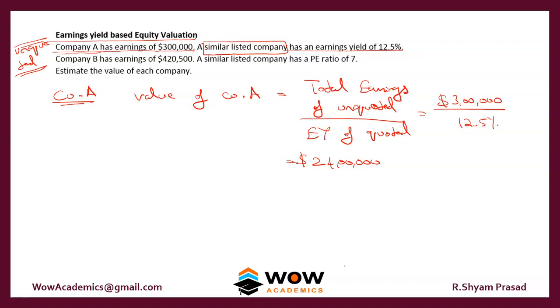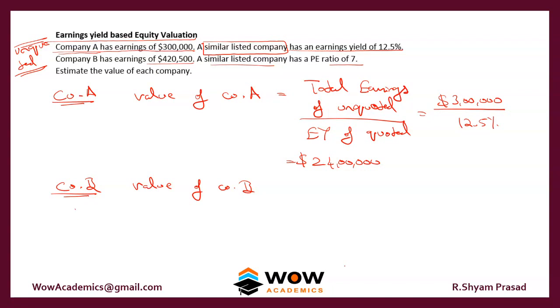So we have another company here that is called company B. So the value of company B. The company B has earnings of 4,20,500, and a similar listed company has a PE ratio of 7. So how do we use a PE method to value? So to value using PE method, we'll have the formula.